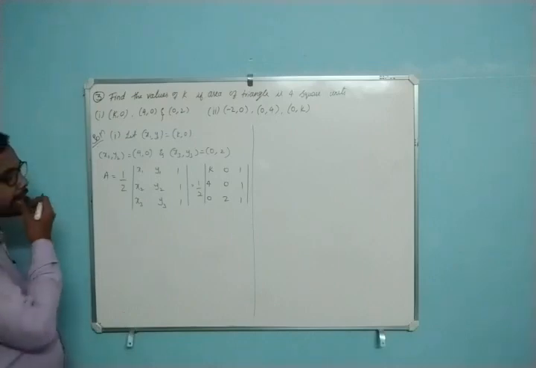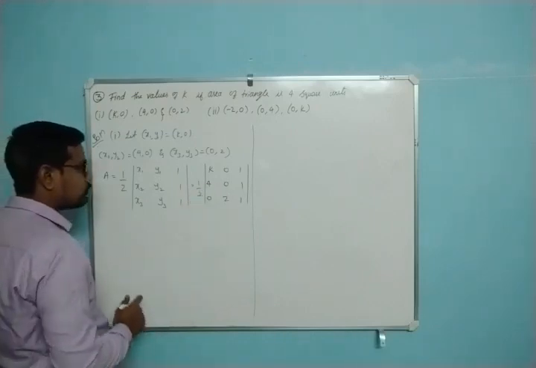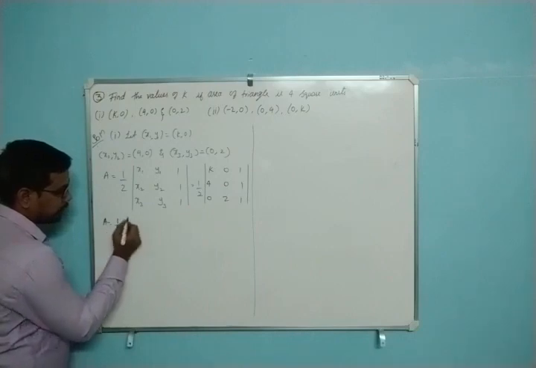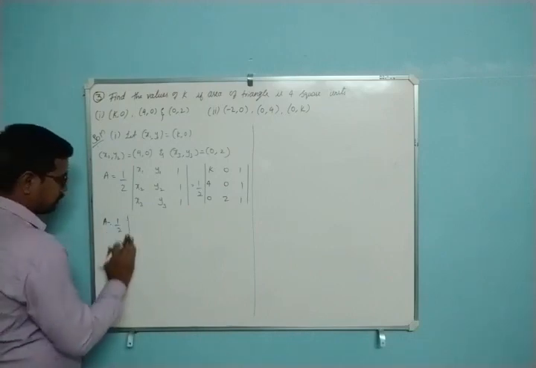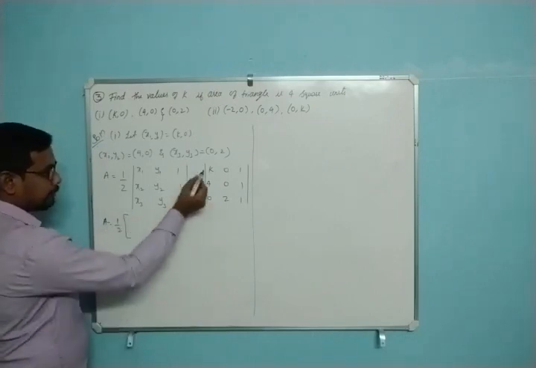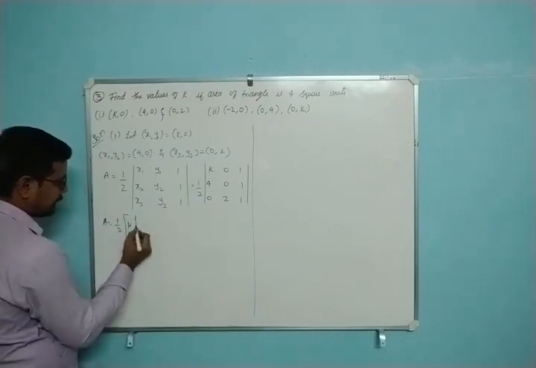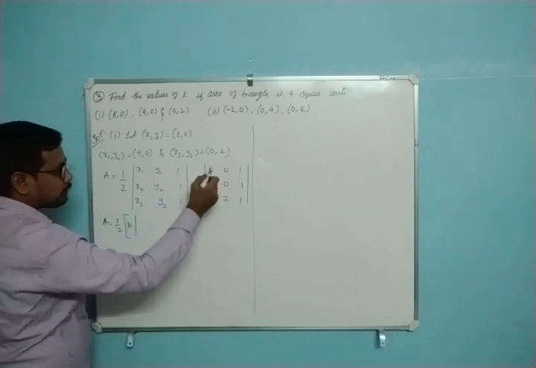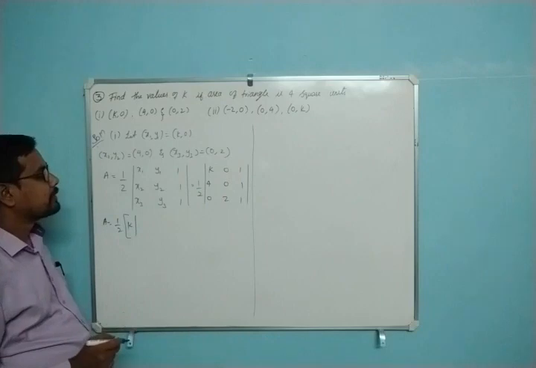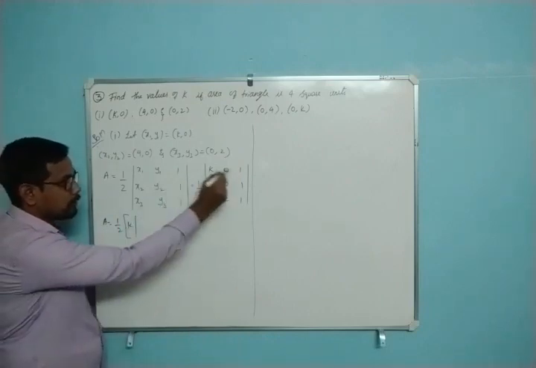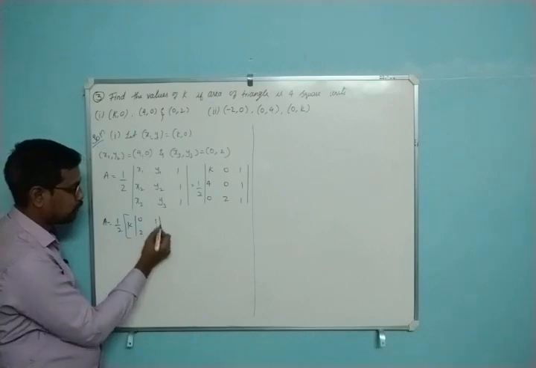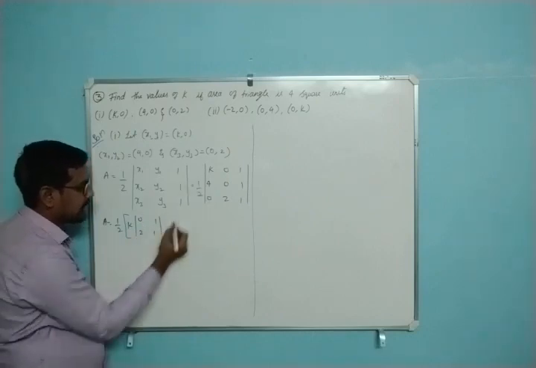So expanding through the first row, what do we get? Half into: the first element is k. Leave the first row and first column: 0, 1, 2, 1. Minus 0, leave it.